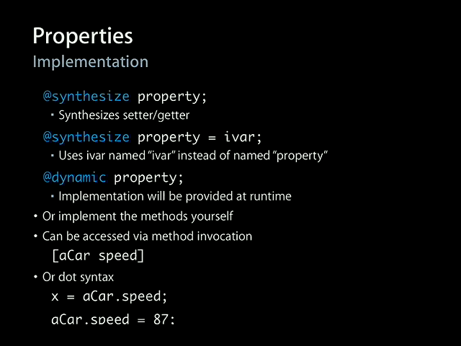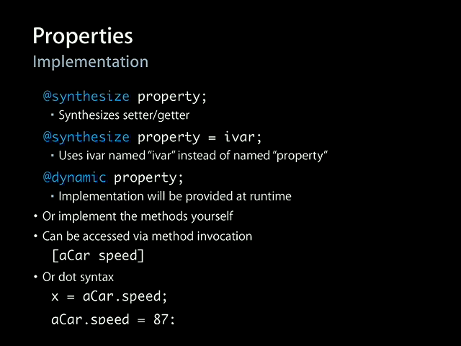We've also added one additional bit of syntax for making property use much more convenient. So say we had @property speed. You could call [aCar speed] using the normal Objective-C method syntax, and it would work just fine. However, we have overloaded, for the first time, one piece of C syntax, the dot, to allow property access and actually any method that fits the pattern.